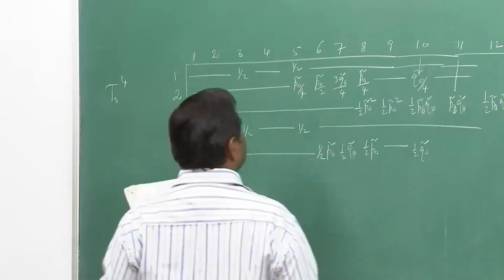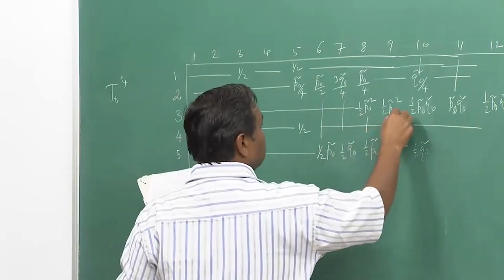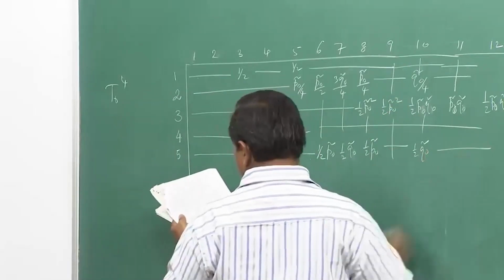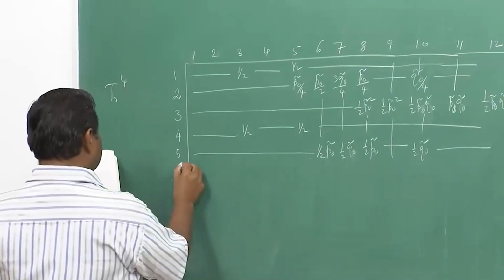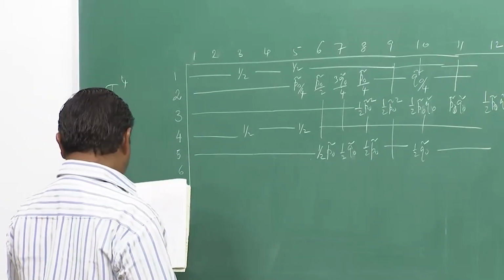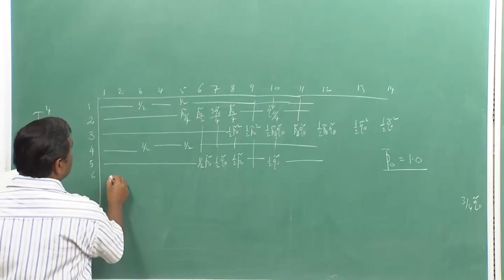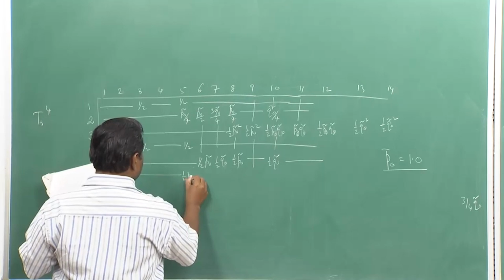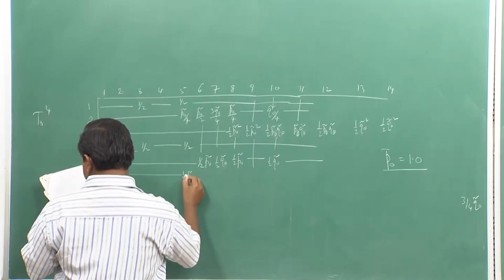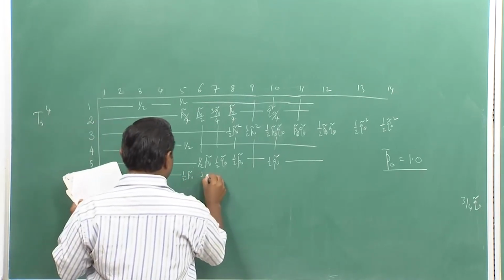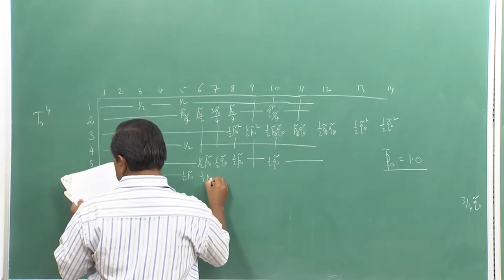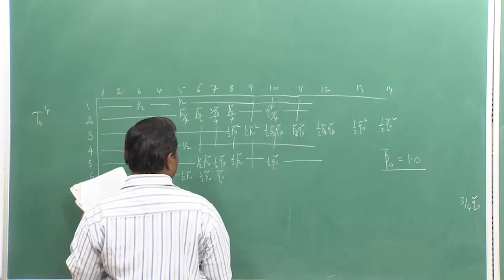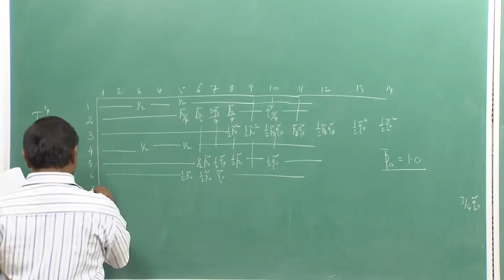Okay. Then 6th will be at the 5th location, half p0, half p0 q0 tilde.